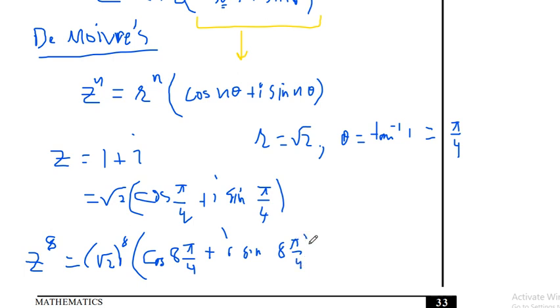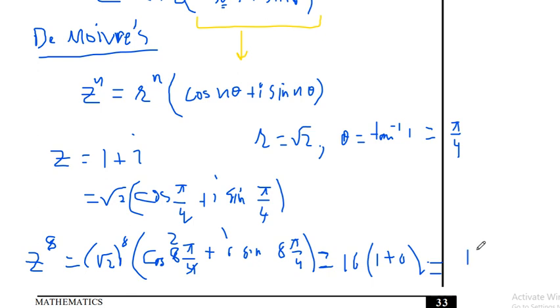Now if you simplify, you will get 2 to the power 4 outside, which is 16, because square root of 2 power 8 becomes 2 power 4. And inside, 8 into pi by 4 is 2 pi; cos 2 pi is 1 and sine 2 pi is 0. So it is 1 plus 0, so your answer is 16.